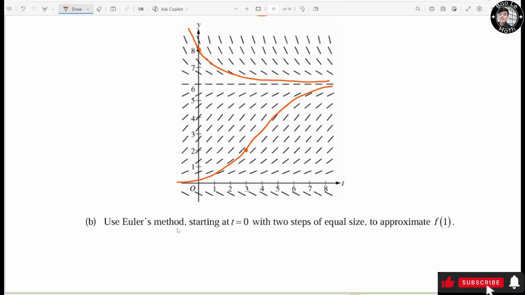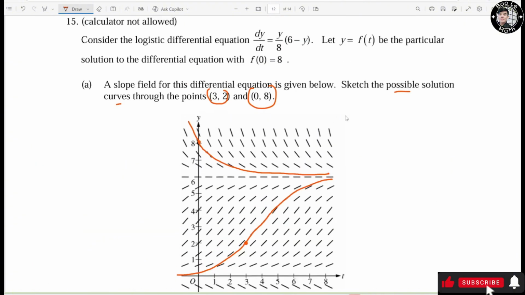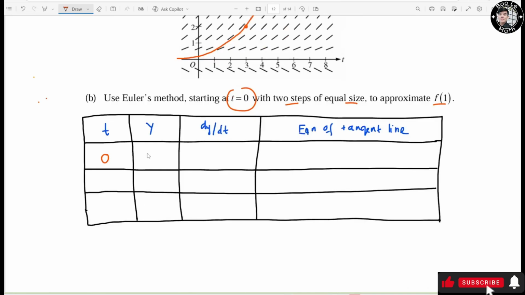Now let's move on to question B. Use Euler's method starting at t equals 0 with two steps of equal size to approximate f of 1, right? So we're going to sketch the table. We're going to start with t equals 0, so we put 0 right here. f of 0 equals 8, so we have y equals 8.